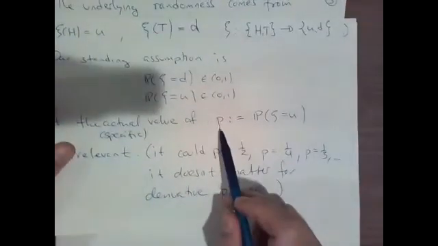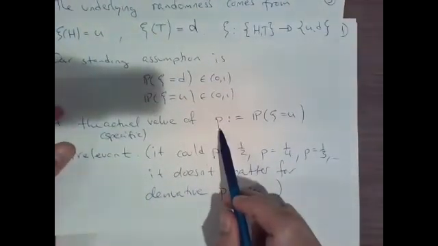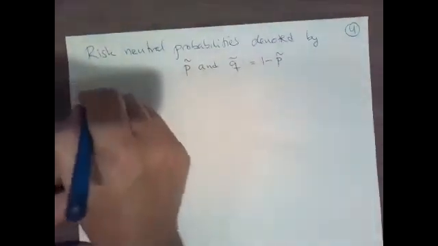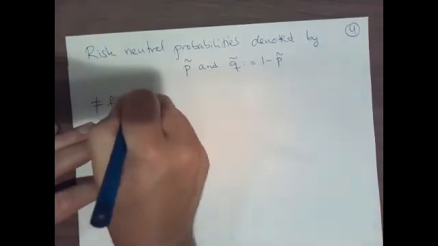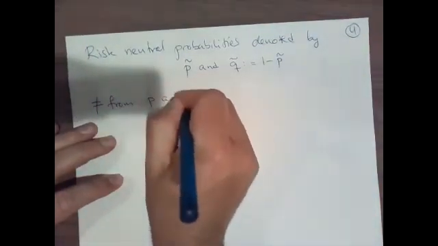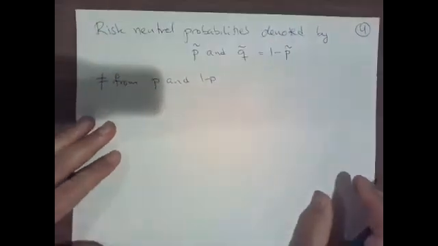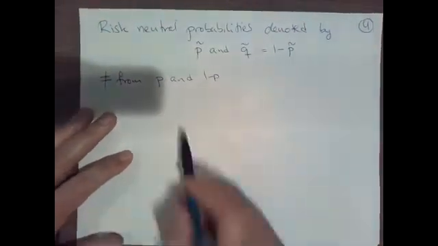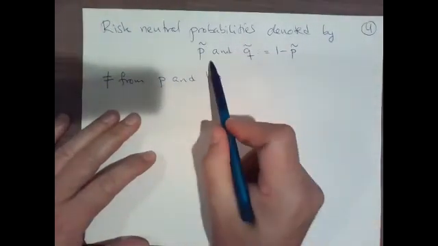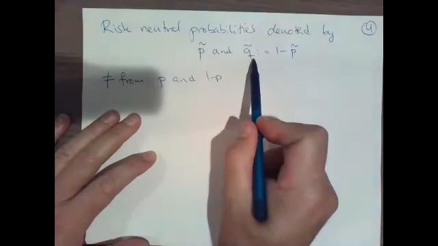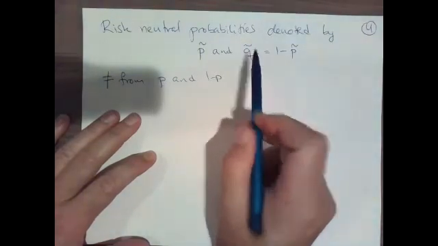These ones here are not in any possible way the same as this P and this 1 minus P. They are different from P and 1 minus P. Whereas these guys don't matter, what we're going to see is that these guys up here matter quite a bit.